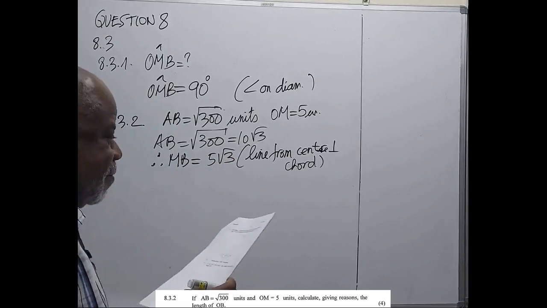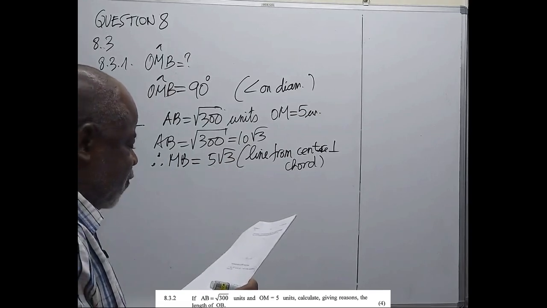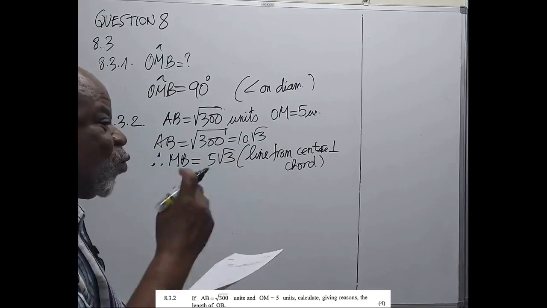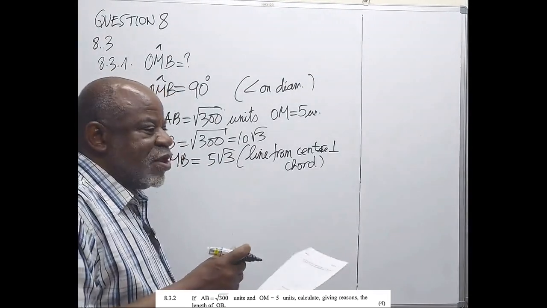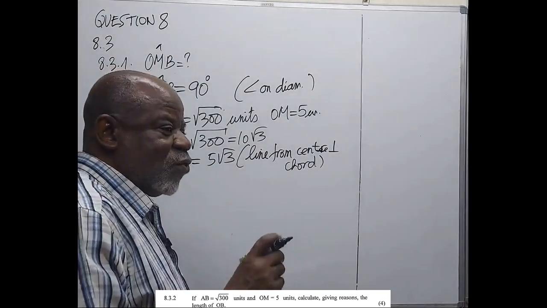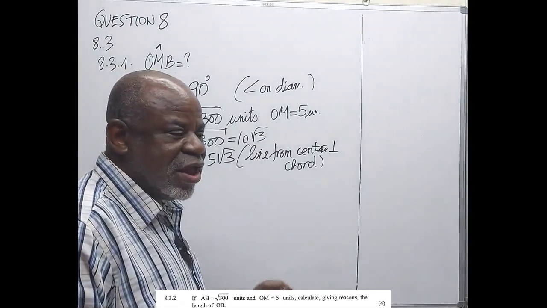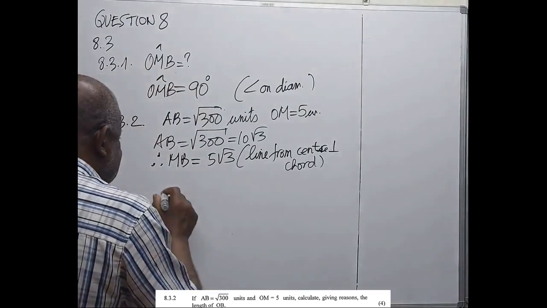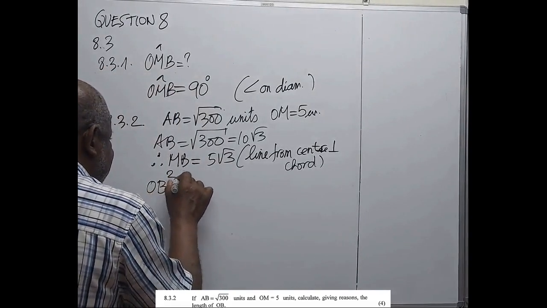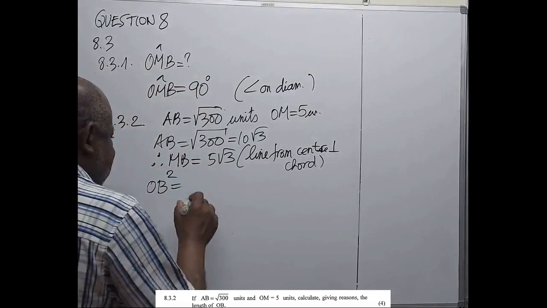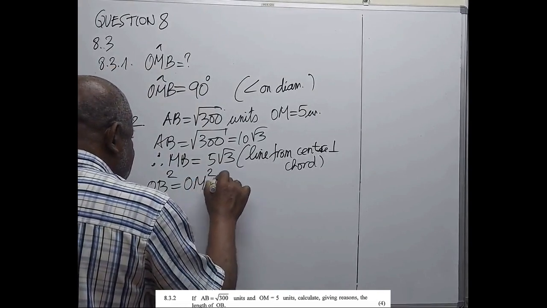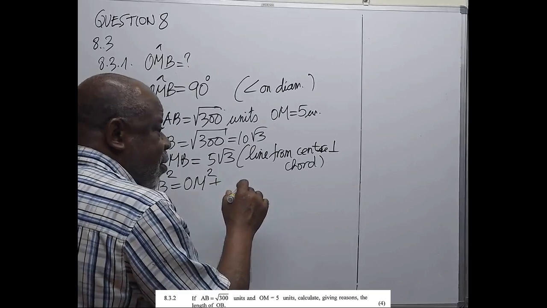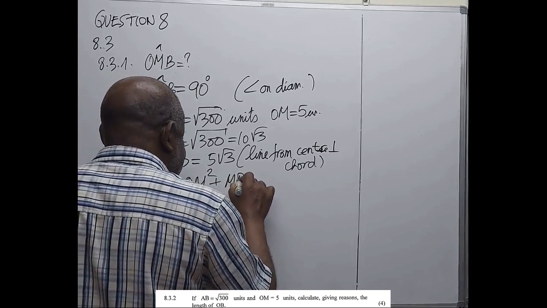We're going to apply Pythagoras here. The square on the hypotenuse is equal to the sum of the squares of the other two sides of the right angle triangle. Then we write that OB squared is going to be equal to OM squared plus MB squared.